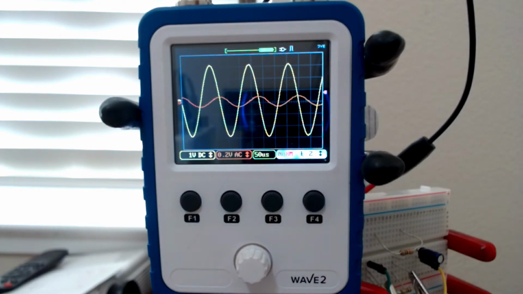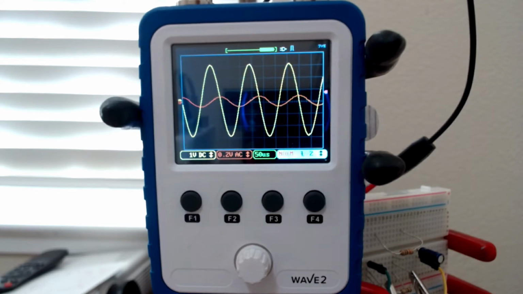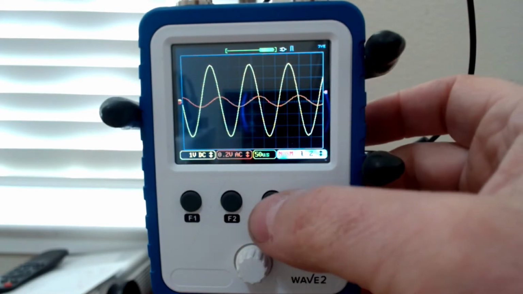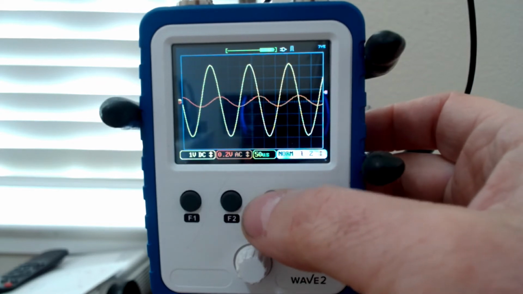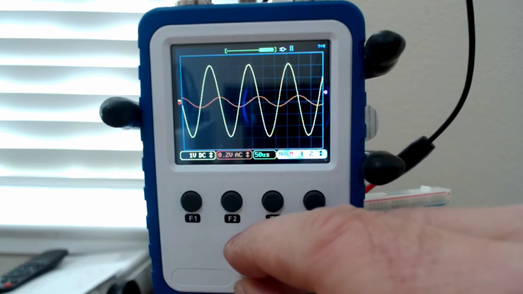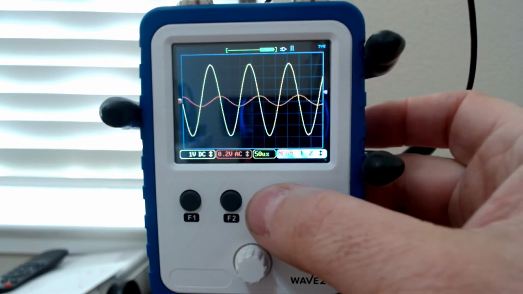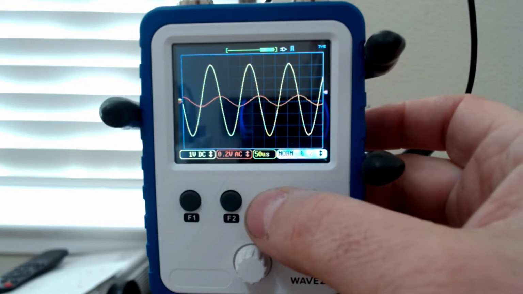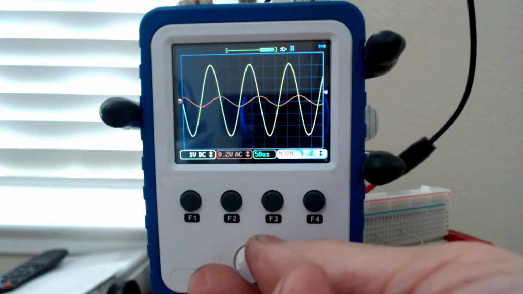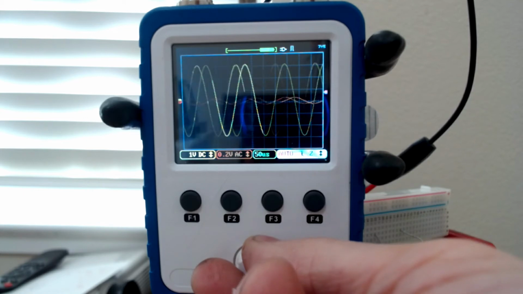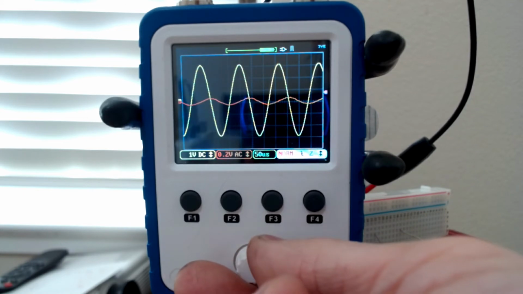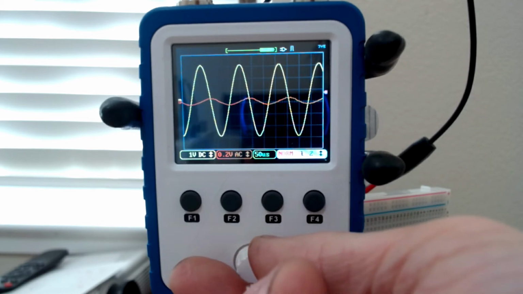Okay, as I increased the inductance, I don't know if you noticed, the phase shift was getting bigger. Let me try it again. Did you notice the phase shift is getting bigger?